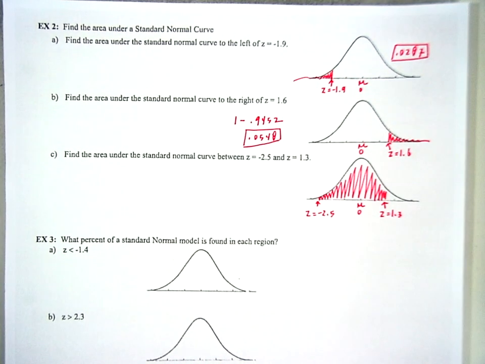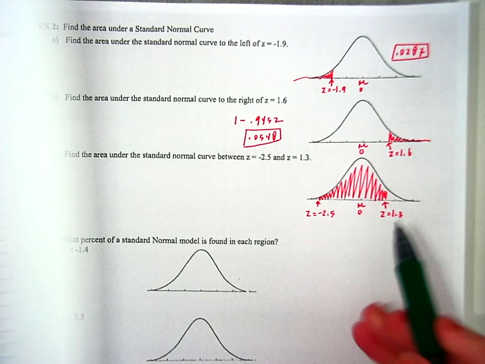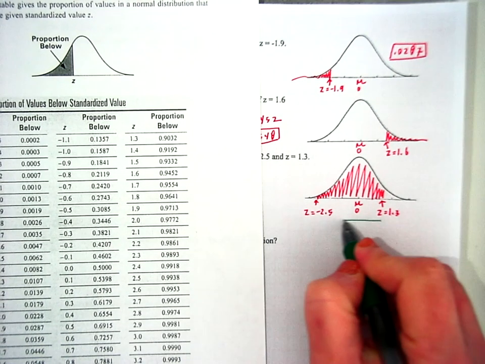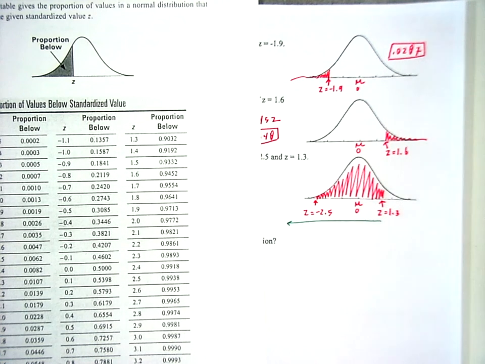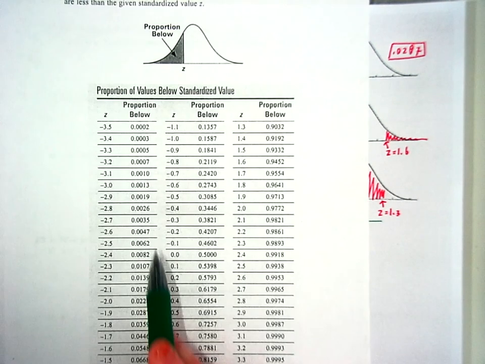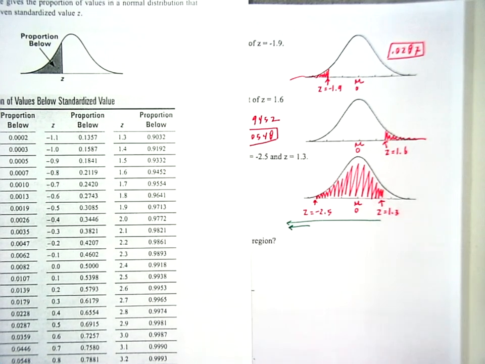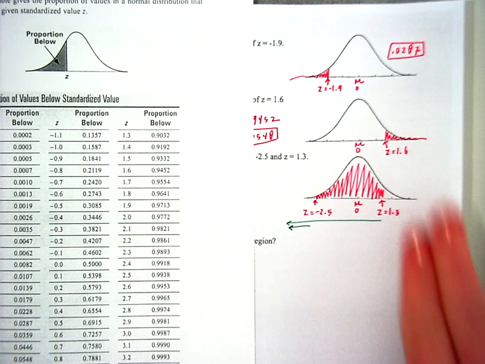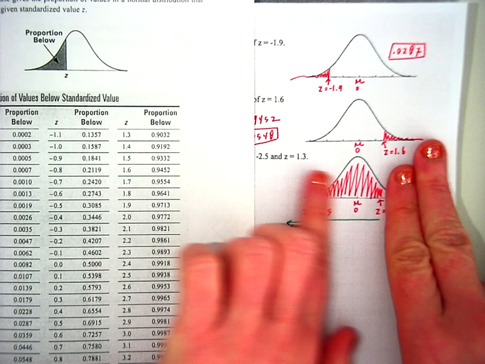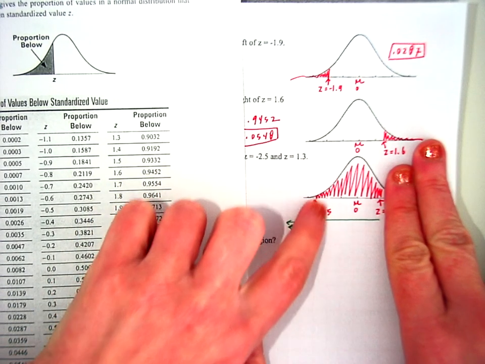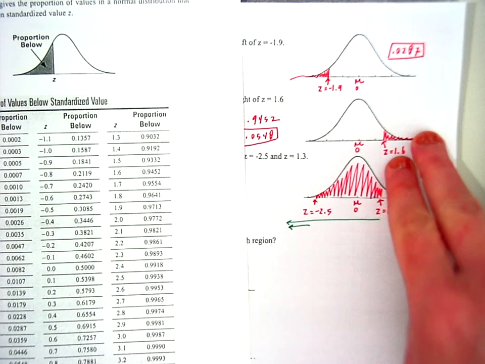So again, when I'm using my chart, when I look up a z-score of 1.3 first, that's telling me the area that is fully to the left, like that. And then when I look up a z-score of -2.5 right there, it's telling me the area that is to the left. So what I need to do is figure out the area to the left of the 1.3, and then subtract the area that's to the left of the -2.5.